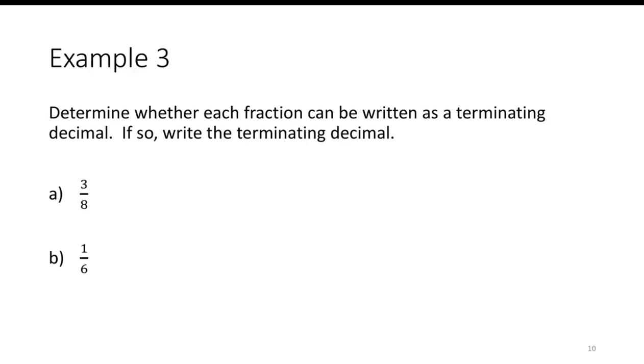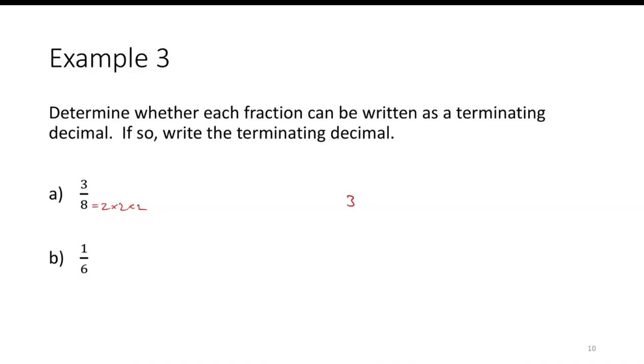So let's determine whether each fraction can be written as a terminating decimal, and if so, let's write that terminating decimal. So 8 is made up of 2 times 2 times 2. So it's made up of 2's. That means it is a terminating decimal. Terminating is if your denominator is only made up of 2's and 5's. That's true here.